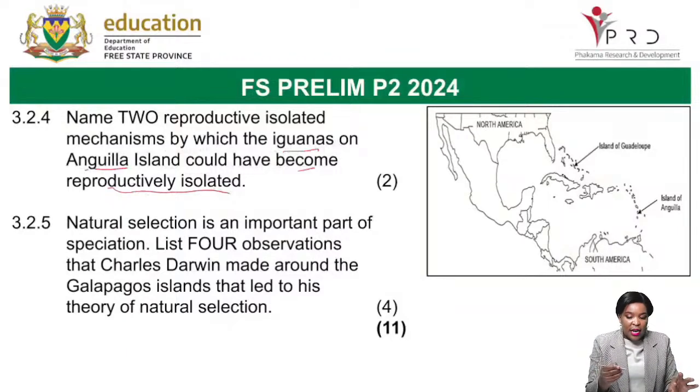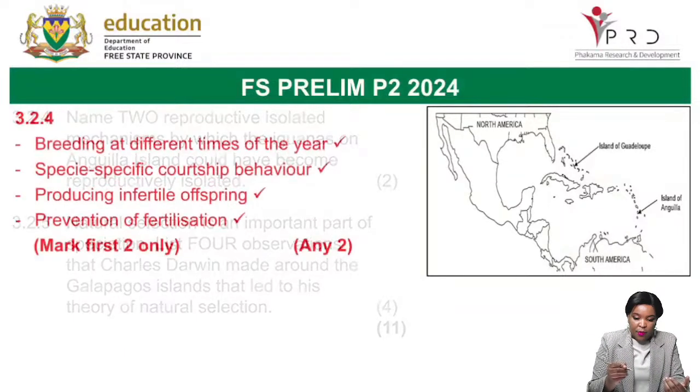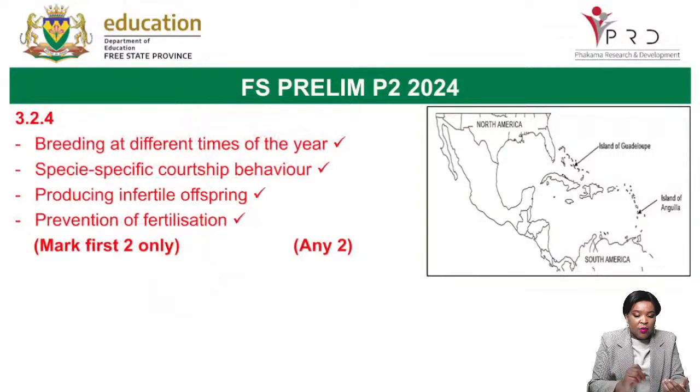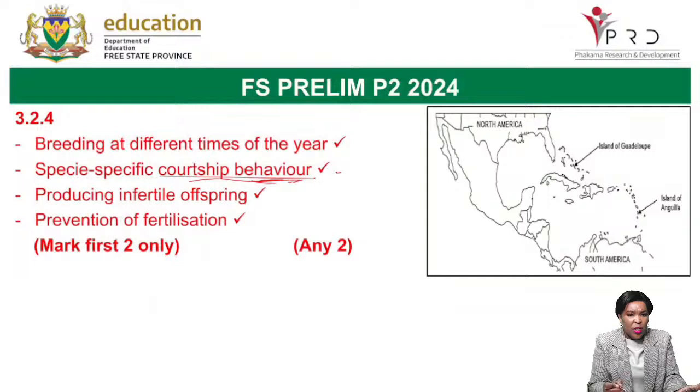Now the iguanas may breed at different times of the year. Species-specific courtship behavior can also isolate them reproductively. Remember the bird? Now thinking, what is this iguana doing? What are you saying? I don't understand. You see? So you are trying to court the iguana, but you are using a different method from what the iguanas use originally. Producing infertile offspring and prevention of fertilization.